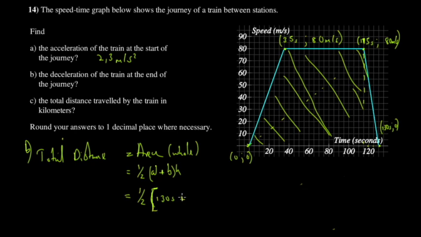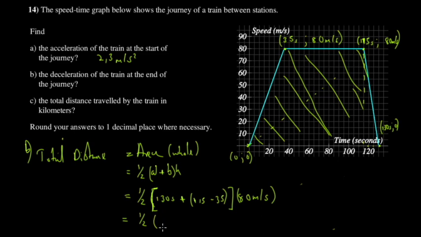So this one is your a, this one is your b. Now your h, which is the vertical height, is equal to 80 meters per second, from 0 to 80, just like that.